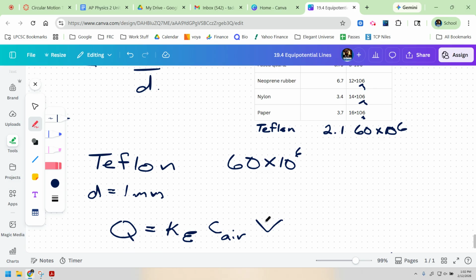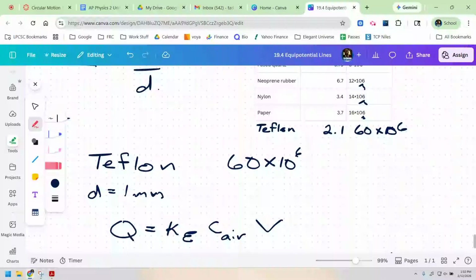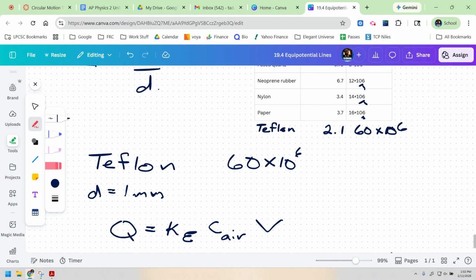Somewhere in the textbook, let me double check. Oh, so if I do 6, somewhere the math is wrong. I wrote something down wrong. Let me just double check the textbook. Something didn't copy right. So 60 times 10 to the 6. If I put that in scientific notation, there might be an error in the textbook.